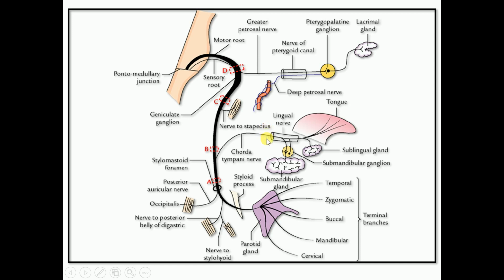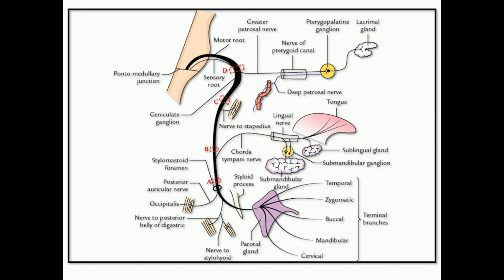After emerging from the petrotympanic fissure, it runs medially, forward and downward, crossing the medial aspect of the spine of the sphenoid bone, and joins the posterior aspect of the lingual nerve.